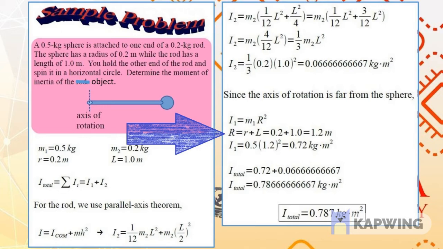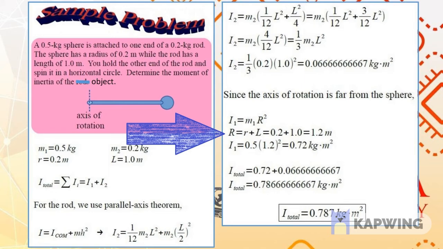As you can see from the figure, the sphere is far from the axis of rotation. We can look at the sphere as an object moving in a circle of radius capital R, where capital R is equal to the radius of the sphere plus the length of the rod, 1.2 meters.